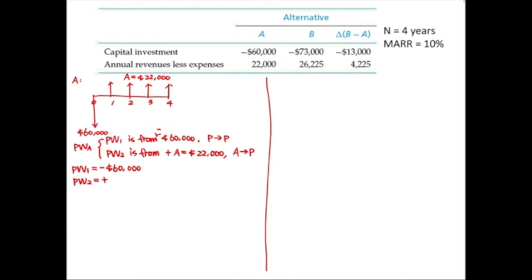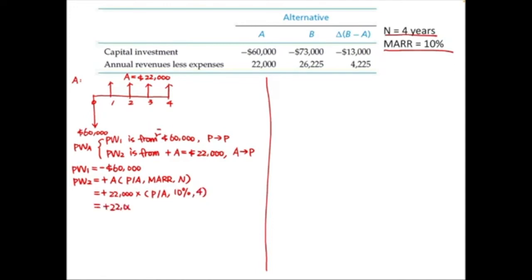So the formula is A times P/A, MARR, N. So A is 22,000. The factor is P/A. MARR is 10% here. And then N is number of periods, which is 4.